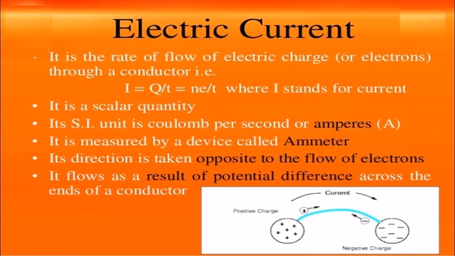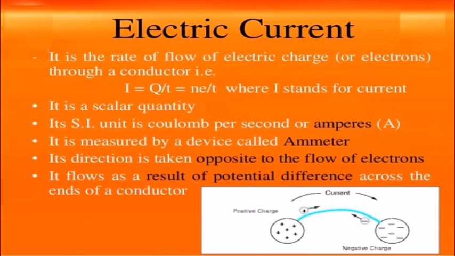Now next is the electric current. An electric current is the flow of electrons through the conductor. The flow of electrons that takes place through the conductor generates electric current. Current is always denoted by I, and current is defined as the charge passing through the conductor in unit time.